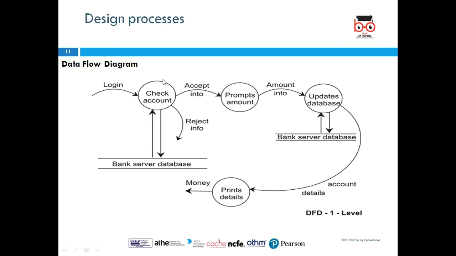Then accept any amount, and then update any database, then print out details, bank server database. So data would need to go through certain steps, and which action would initiate which component, that would go through the data flow diagram.